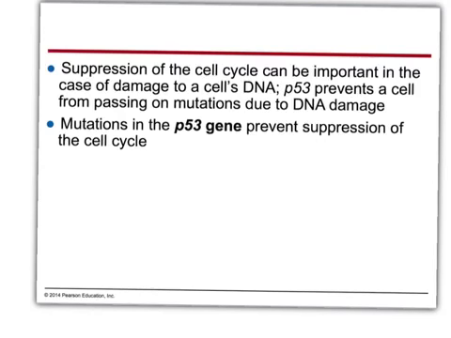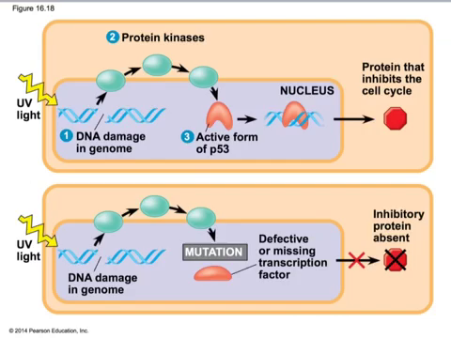So P53 prevents the cell from passing on mutations due to DNA damage. But when you get a disruption in that P53, more mutations are passed on. The brake is relieved, and cell cycle progression is uncontrolled. So you lose suppression of the cell cycle when P53 is mutated. Here's what it looks like.